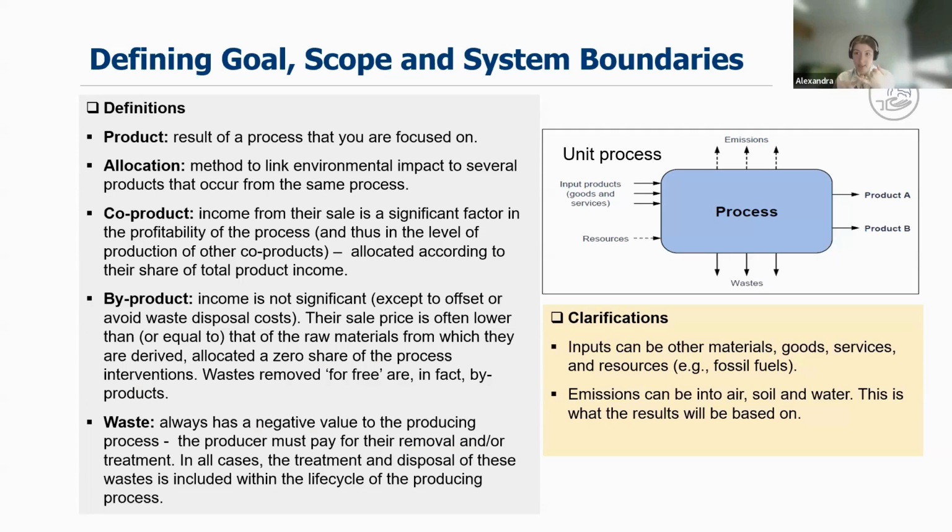So that can be rice husk, that can be straw. These are co-products of which you can profit, you can sell, or you can input into a different product or system. So in that case, straw can be used as animal feed, husk can be used in other processes for food.